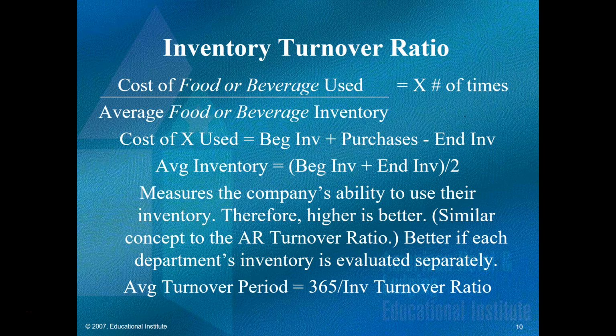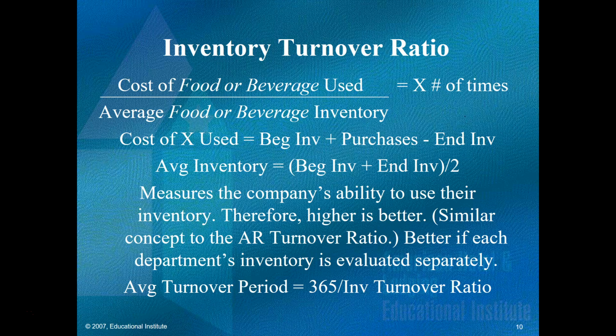So again, average inventory, beginning inventory plus ending inventory divided by 2. Okay, so how well are we using our inventory? So again, the more often that we have to take delivery and sell, the better.